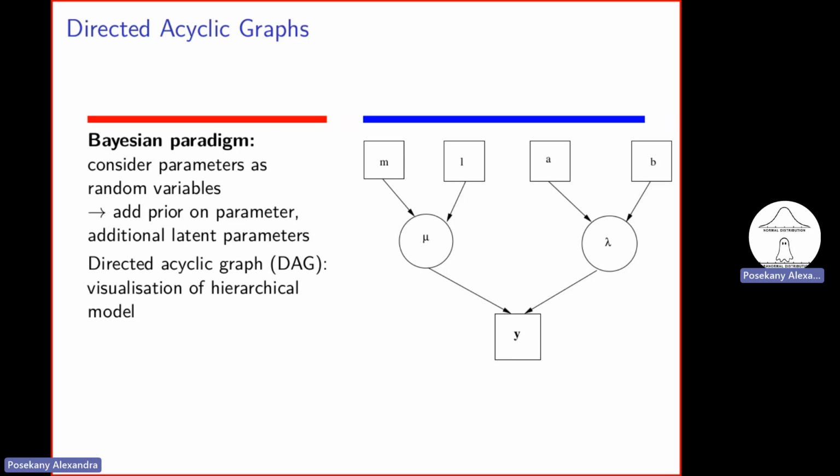And then we have these parameters, which will be referred to as the hyperparameters. So these are the coefficients, the parameters which we are setting for the prior distributions.